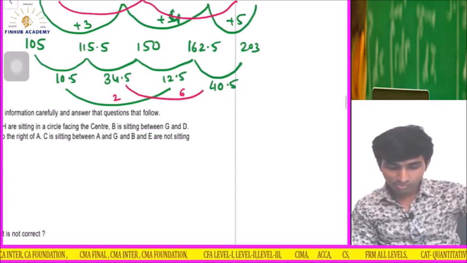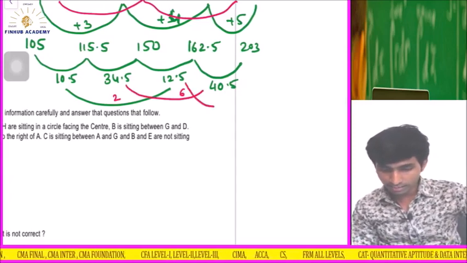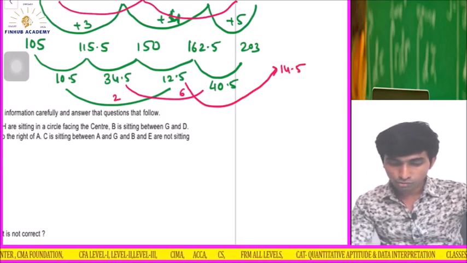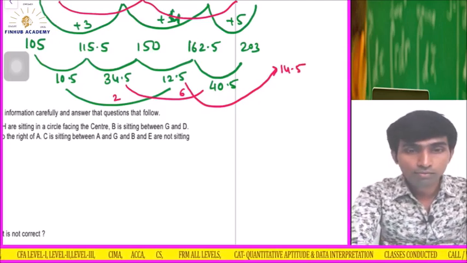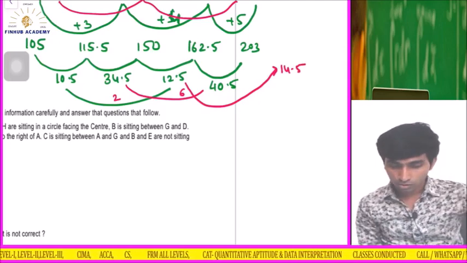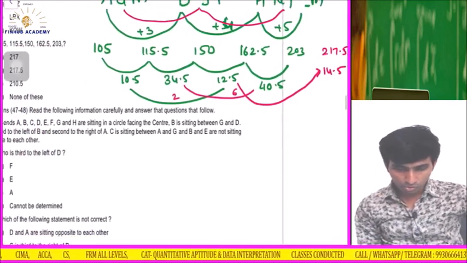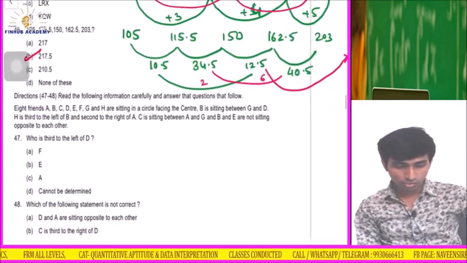So the next number should be what? Plus 2, that is 14.5. So 203 plus 14.5, answer is 217.5. Let us check the answer. 217.5, B is the answer. Understood? Okay.